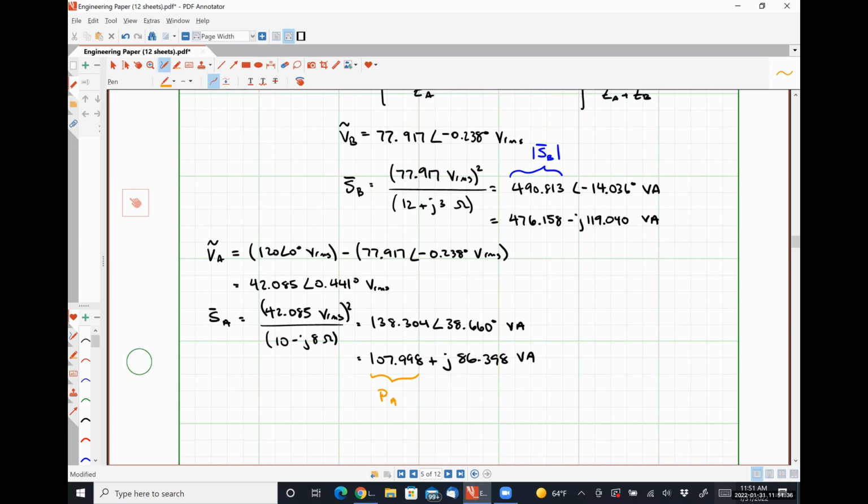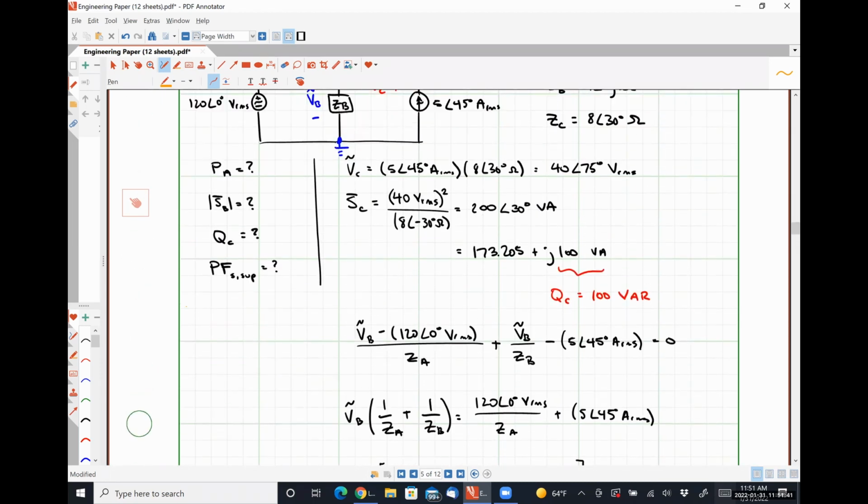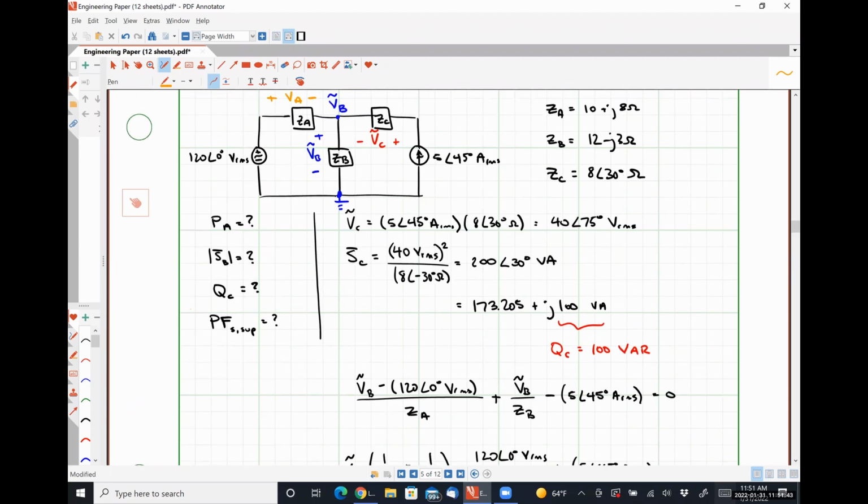So the last bits that we need then are the power factors at which our sources are supplying power. So for our voltage source, we need to know the current that's flowing into the negative polarity terminal. So let's call that this guy right here, IVS.